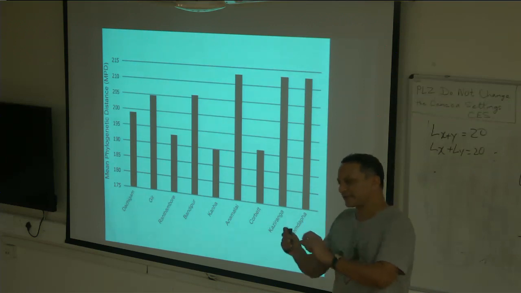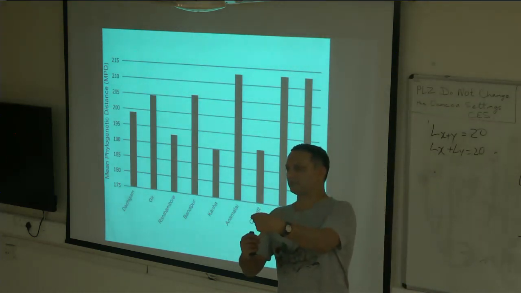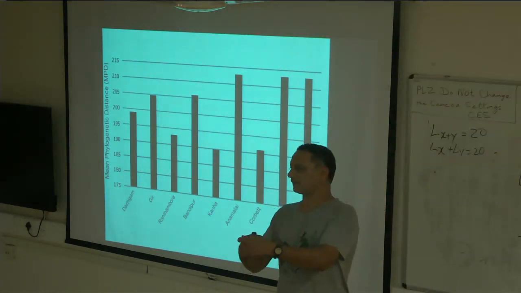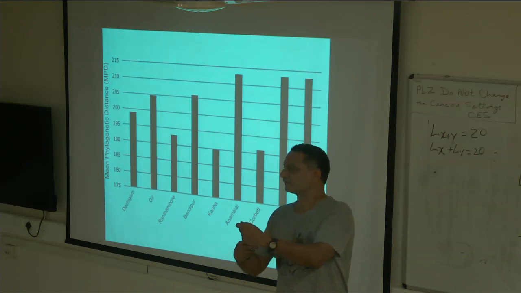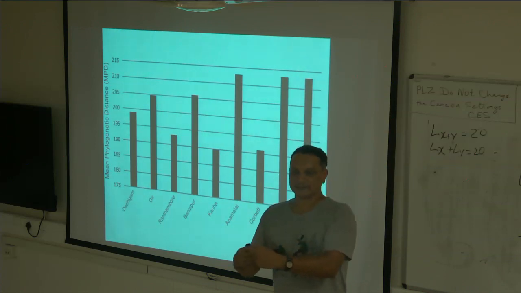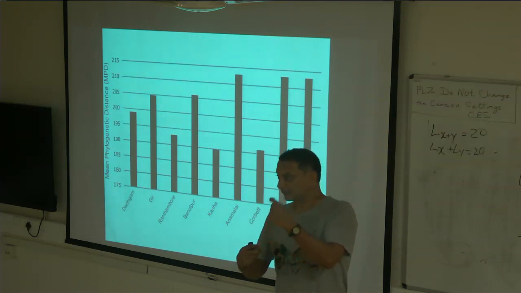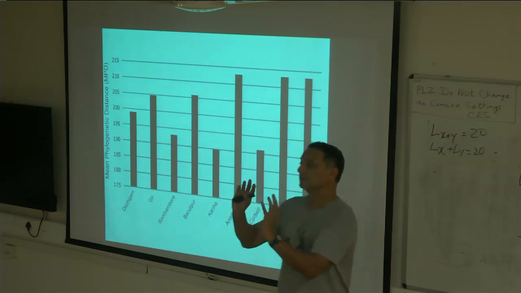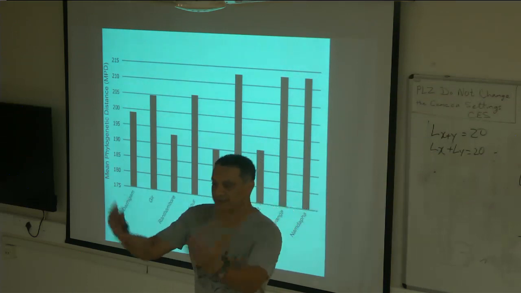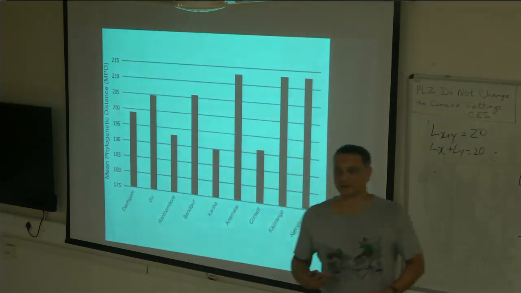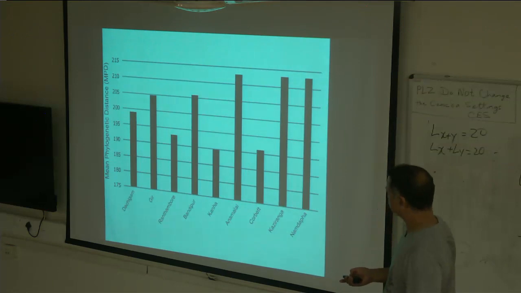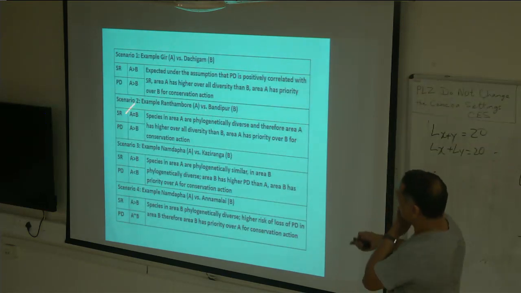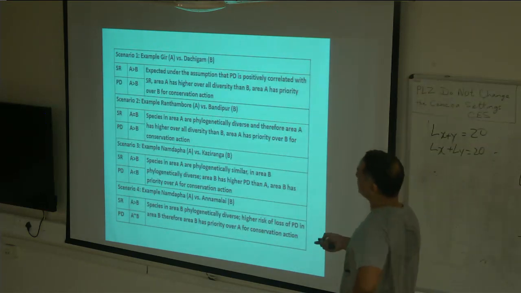So you can actually drop certain species and see which are the species that are contributing to this high PD. Right? And it starts to get really interesting because then you're like, maybe we have to prioritize some of these species because you want to conserve the evolutionary history of that area, right? Okay, so we have looked at all these scenarios.